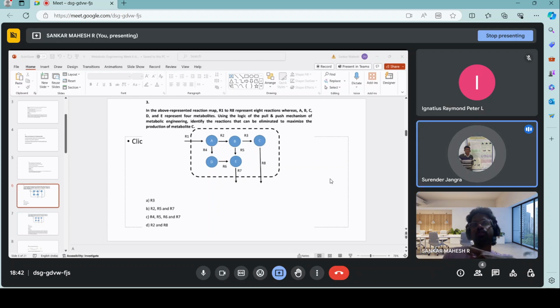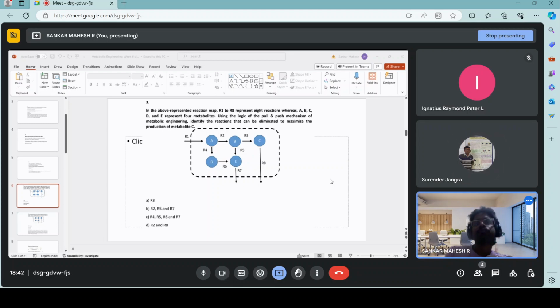So here, A to C and A to D. R4 is the competitive pathway, so we have to block this. Similarly, we have to block R5 also. If we block R4 and R5, R6 and R7 will automatically be blocked. So C is the answer.